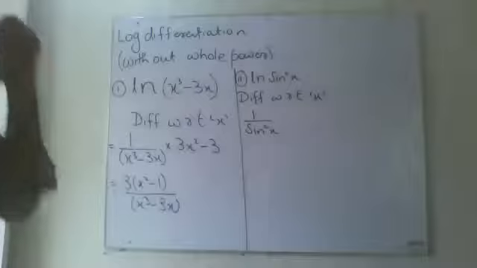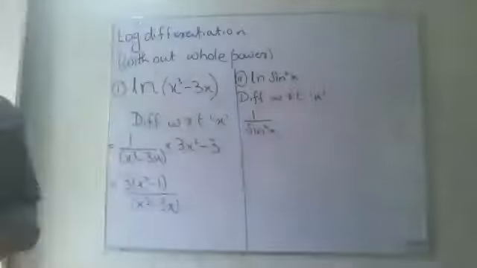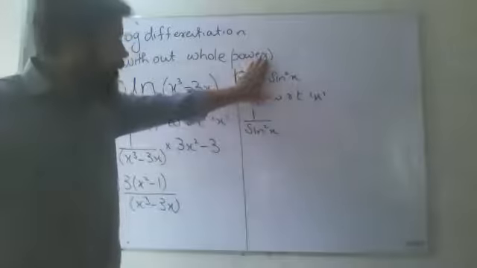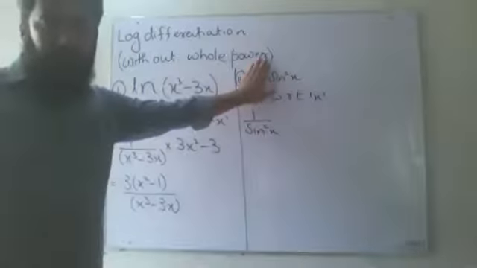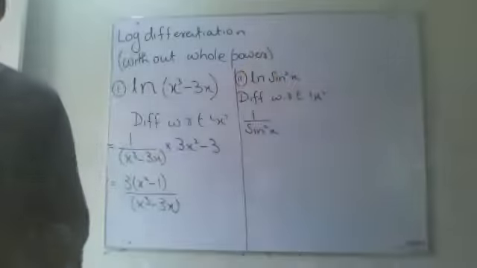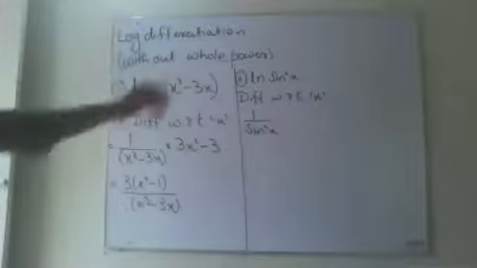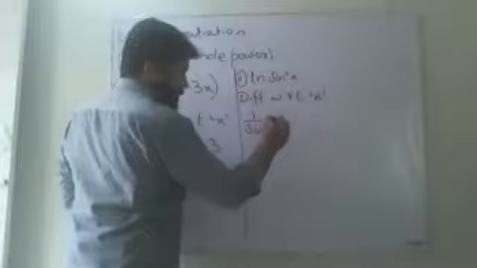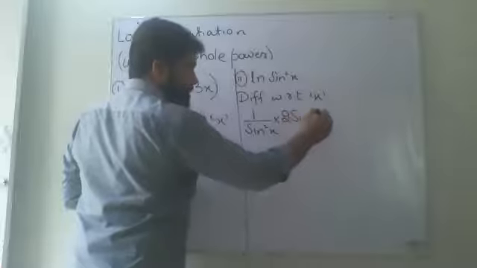Step number 2. What is my step number 2? Differentiation of sine square x. Now forget about this ln, just work with sine square x. So for the differential of sine square x, first of all, on sine I have got a whole power, which is 2. So 2 sine x.